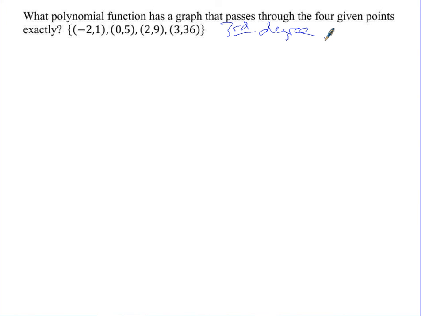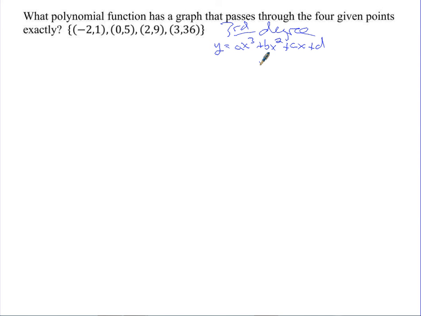I do want to write it down. My function is y equals ax to the third plus bx squared plus cx plus d. Writing that down helps you remember what's going to go into each of those positions as you write this, okay?